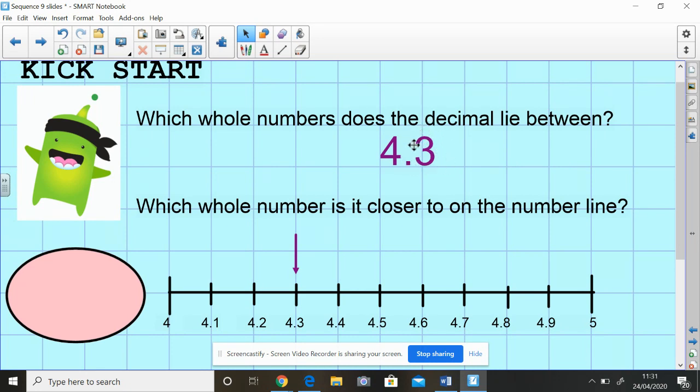In the tenths column, we have a 3, and we know if a number is 1, 2, 3, or 4, we round down. So we're going to round this 4.3 down to the nearest whole number, which is 4. You might like to draw a number line to help you do this. If so, that is no problem. On a number line, you can then clearly see that 4.3 is much closer to 4 than it is to 5.